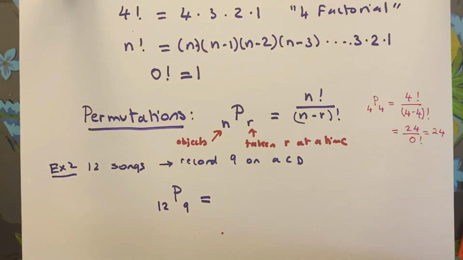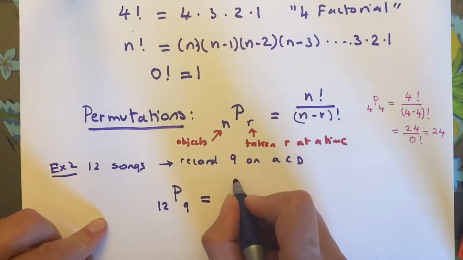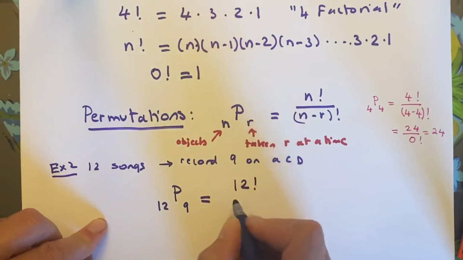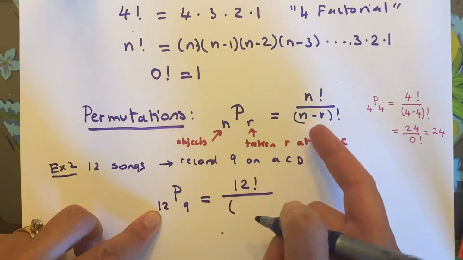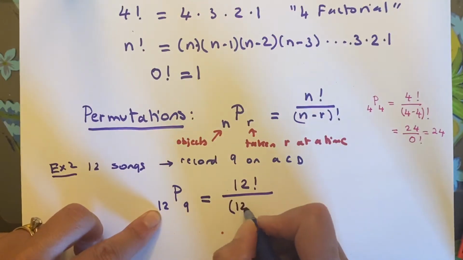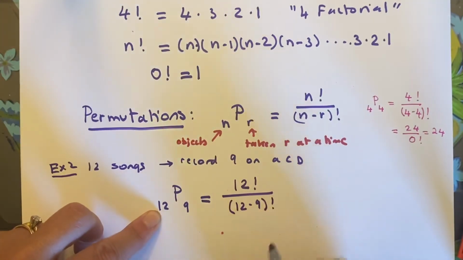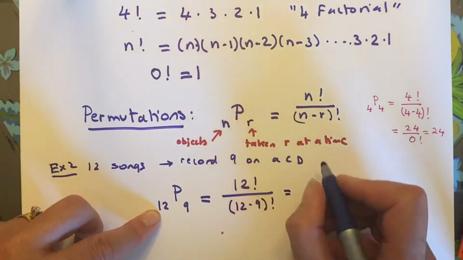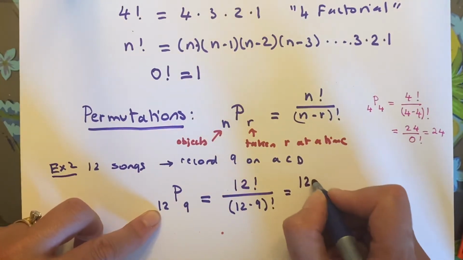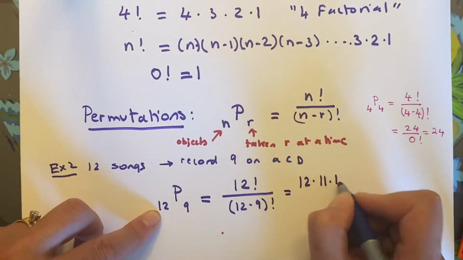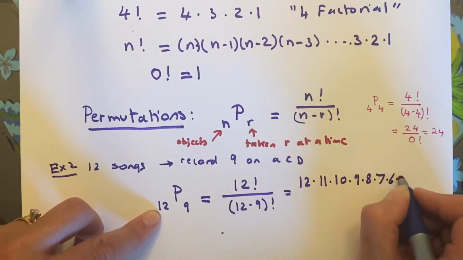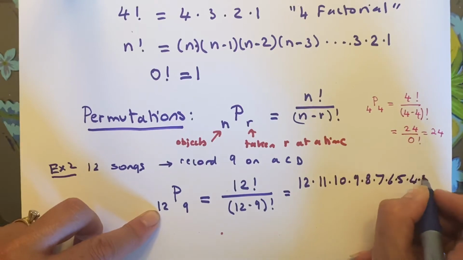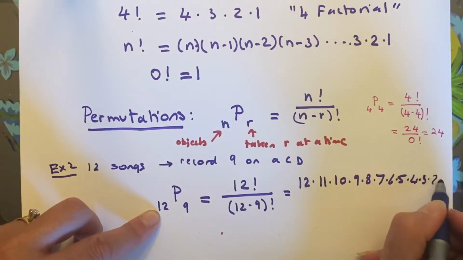P(12,9) equals 12 factorial over 12 minus 9 factorial. And that equals 12 times 11 times 10 times 9 times 8 times 7 times 6 times 5 times 4 times 3. I'm barely going to fit times 2 times 1.